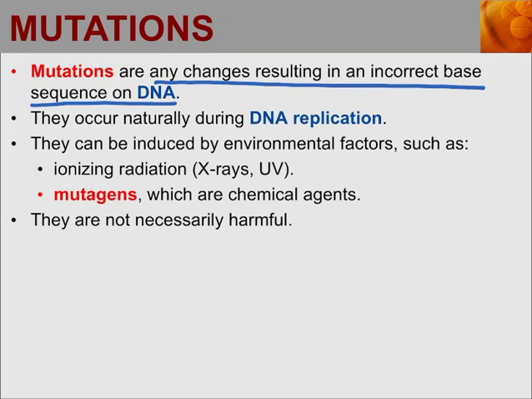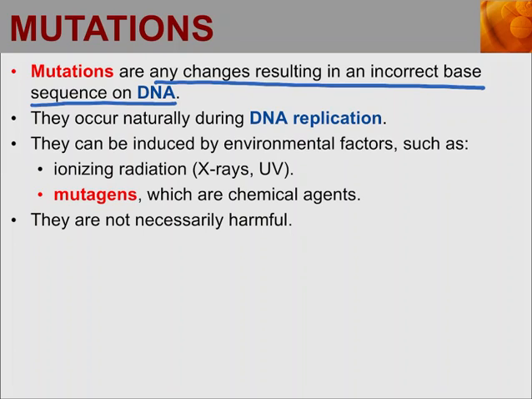So if you don't have the correct amino acid sequence, that's probably because you didn't have the correct codons in messenger RNA. Now, the reason you wouldn't have correct codons in messenger RNA is because DNA didn't have the correct nucleotide base sequence. So it all stems back to a mutation in DNA.